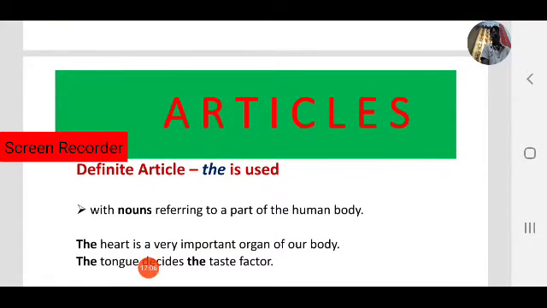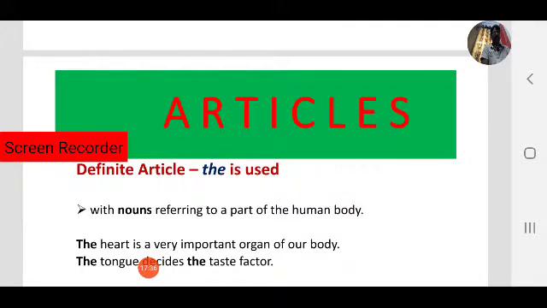Next, the definite article the is used with nouns referring to a part of the human body. Note it down, this is also most important. Before parts of the human body, organs, we use the. The heart is a very important organ of our body.